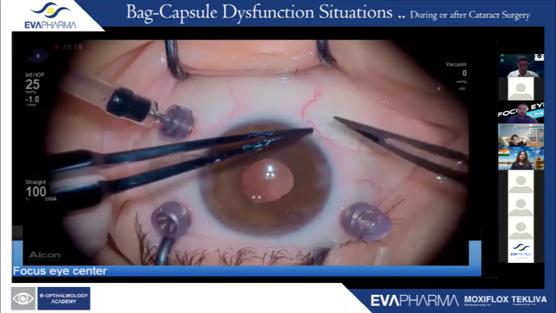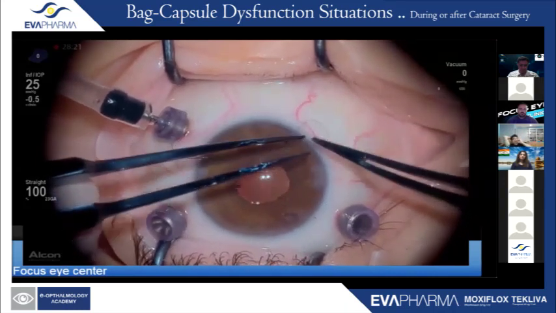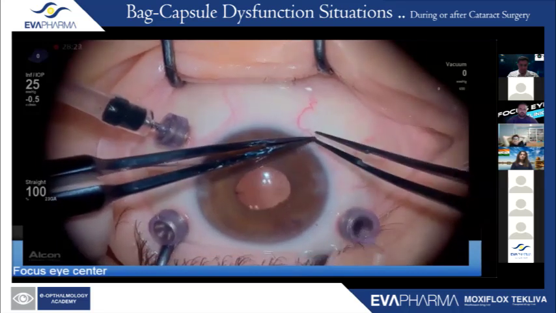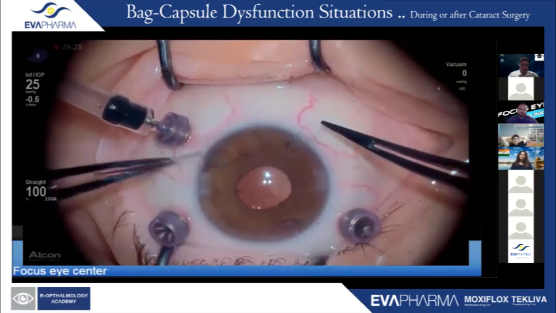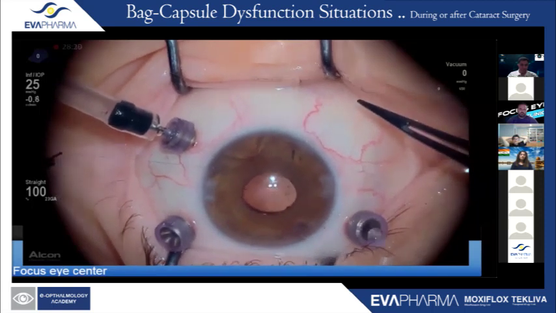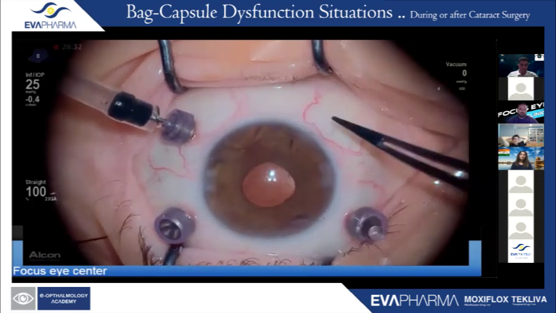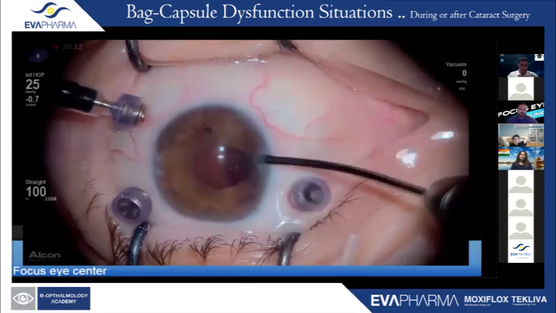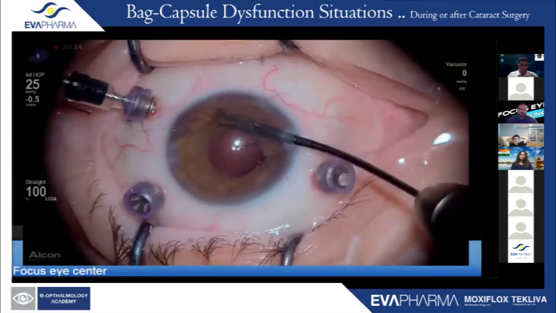So you tighten the knots at the end. Now the same suture on the other side. Then you cut them with micro scissors.